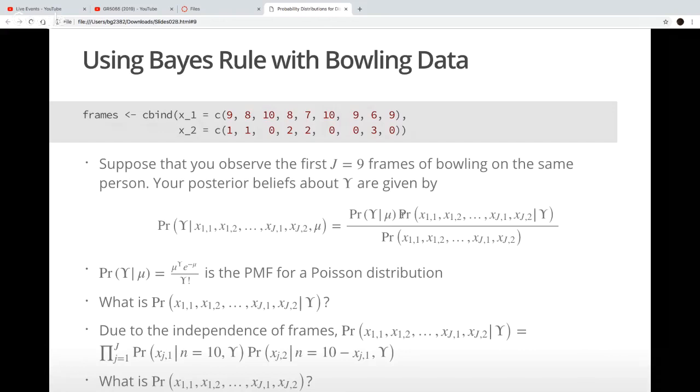And so the denominator in Bayes' rule, it's just the numerator summed over all possible values of the unknown discrete parameter upsilon. So we just marginalize out upsilon from the joint probability of upsilon and the data. We're left with a function of the data by itself.